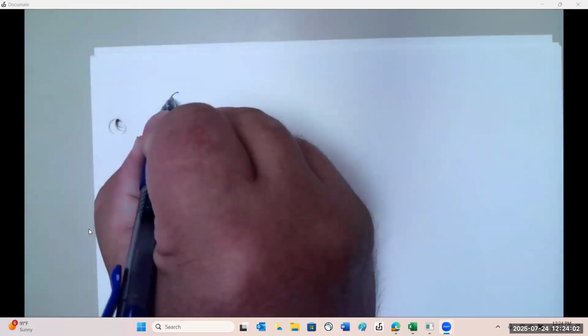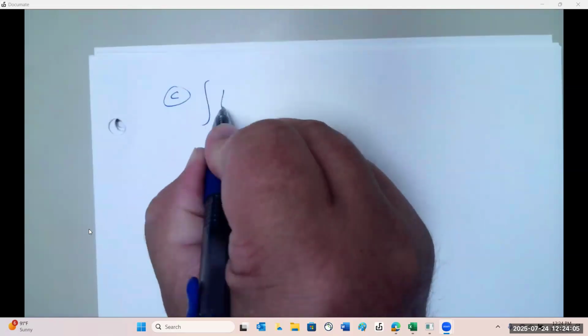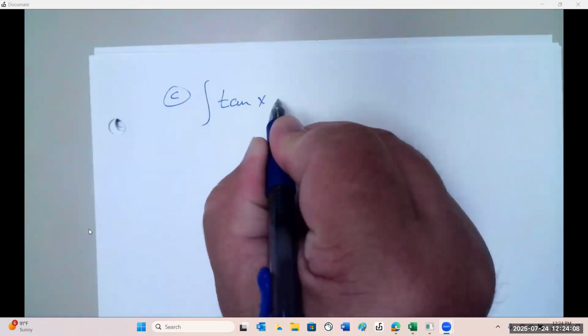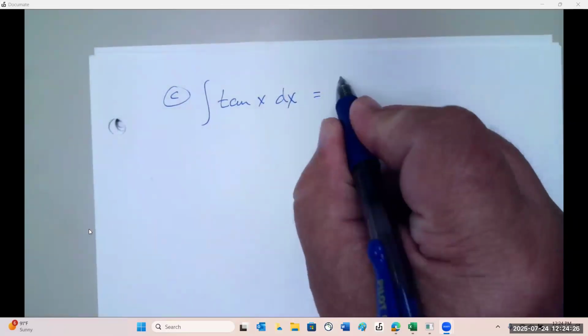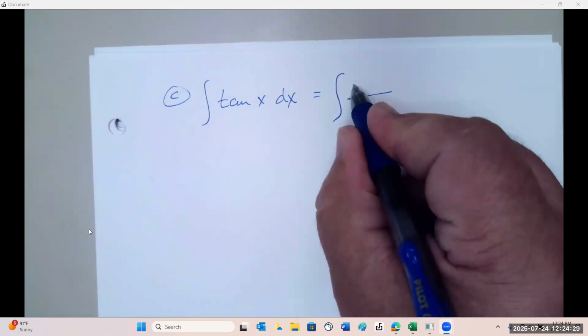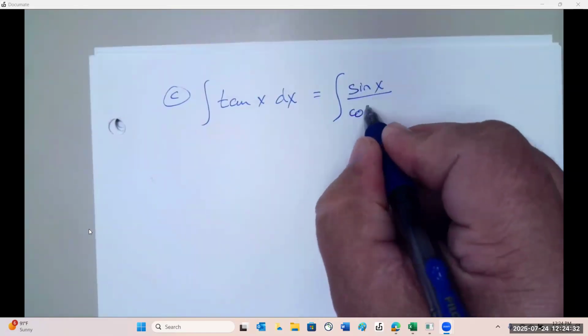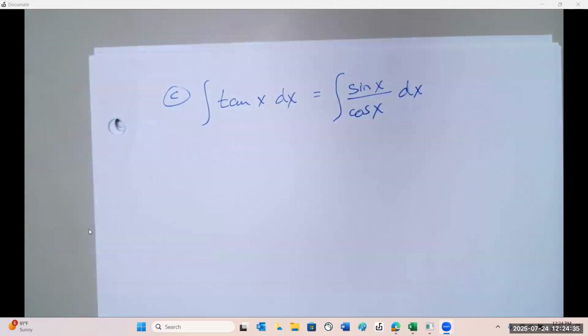Right. Third one says integral of tangent x dx. For this one, we can break it down to sine x over cosine x.